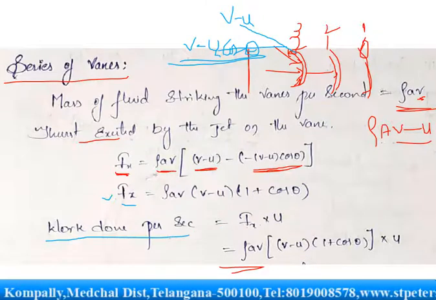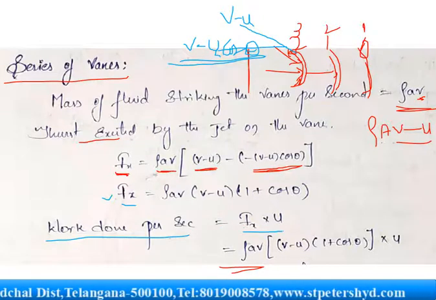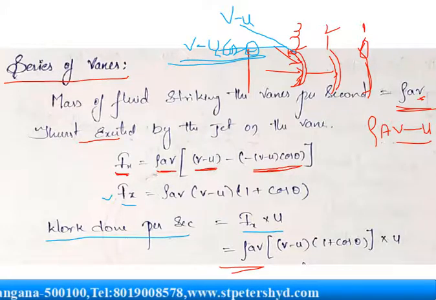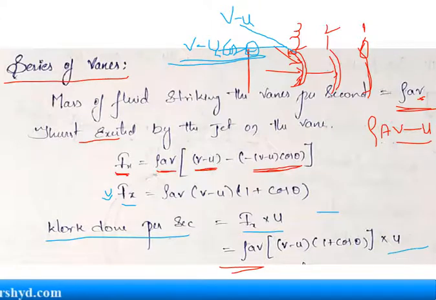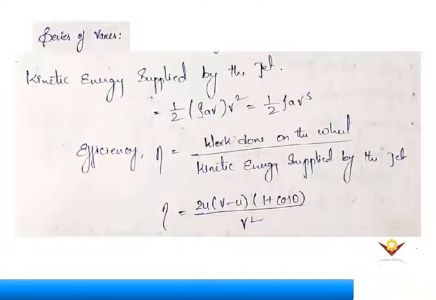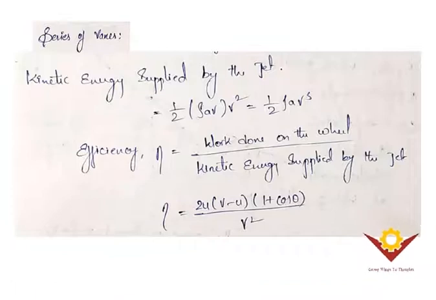And now the work done per second, which is Fx into U. And you know what is Fx, and if you substitute this U, what you're going to get is the work done per second. And the kinetic energy, you know, which is like half m v square. And what is m? Rho A V. And this is your kinetic energy supplied by the jet.